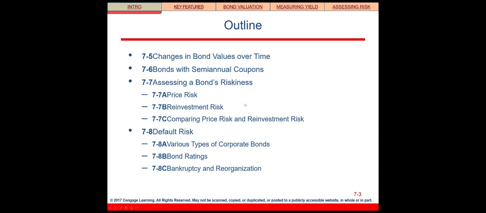And then the last one we discuss is bond riskiness, including price risk and reinvestment risk, and how to compare price risk and reinvestment risk in different types of bonds. Then the last one also includes default risk. So this is basically the outline of this chapter, and also our plan on how to proceed.